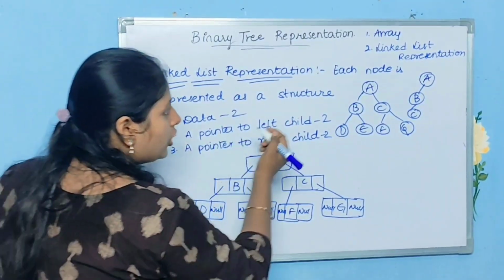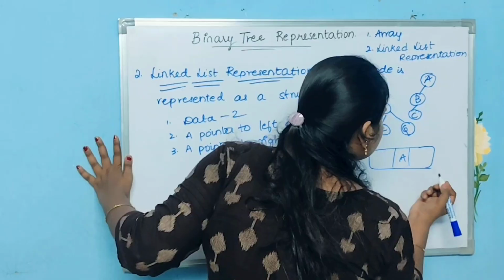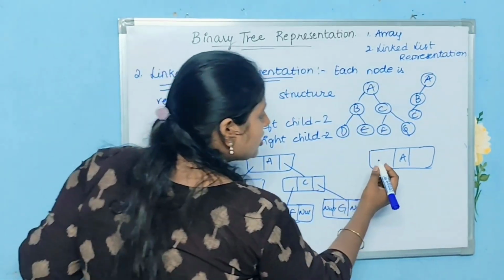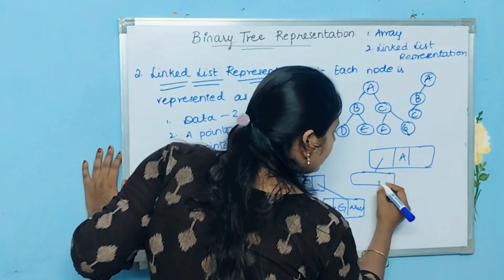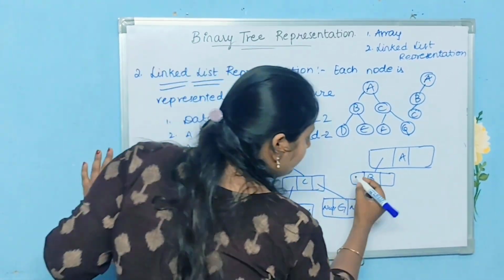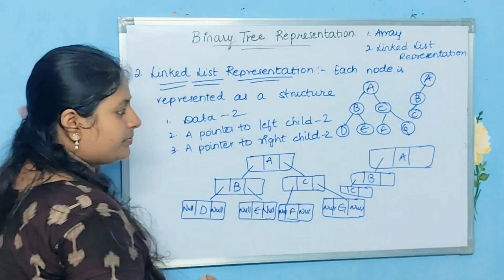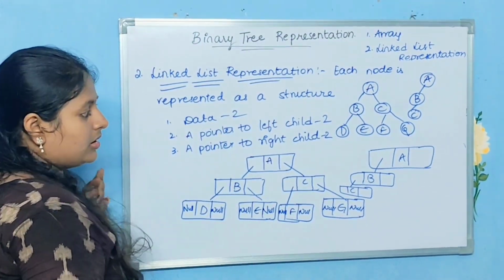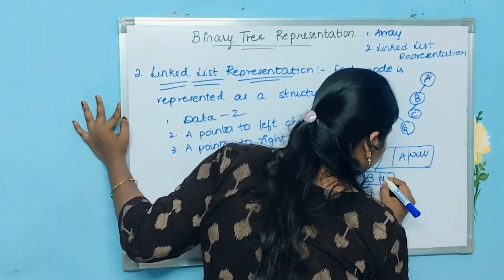Okay. So when I try to create this memory, A is like this, right? What is the left subtree of A? It is B. Now what is the left of B? It is C. Right? Now, what happens to these null locations? They are directly placed as null.